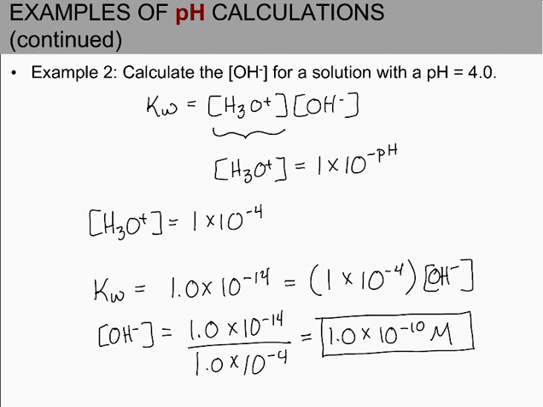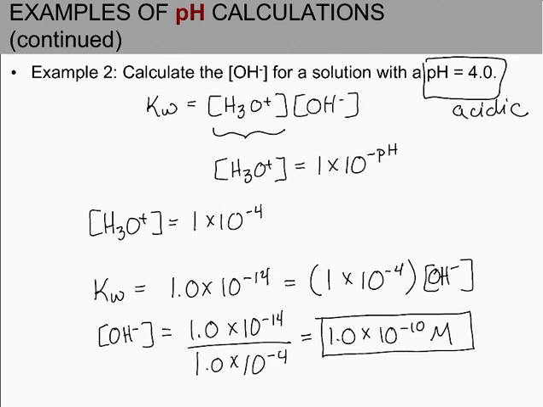So that problem had a couple of steps. We had to first figure out the concentration of the hydronium ions, and then figure out the concentration of hydroxide ions. So is this solution acidic or basic? And it might be easier just to look at the pH value. So the pH value is 4, which is in between 0 and 7, and we said that that would be acidic.